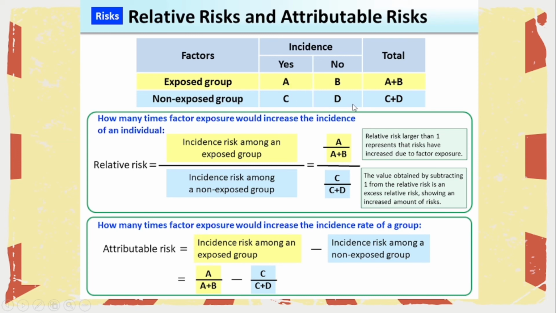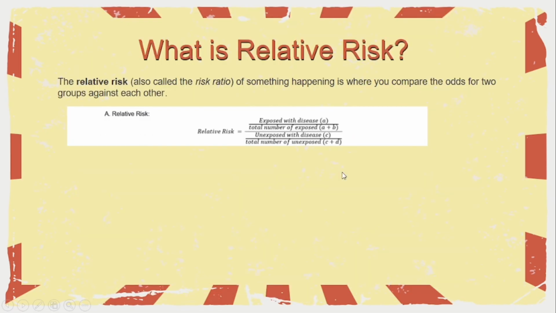And then kapag i-apply na natin siya sa relative risk na formula, sa substitute na natin siya. The formula again is incidence risk among an exposed group divided by incidence risk among the non-exposed group. Exposed group yung A, yung total number of exposed yung A and B mo.